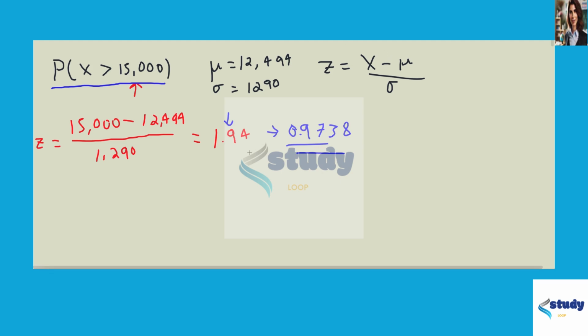So if we go ahead and do that, we get the probability that z is greater than 1.94 is equal to 1 minus the probability that z is less than 1.94, which is equal to 1 minus 0.9738, which is equal to 0.0262 if you plug it into our calculator.